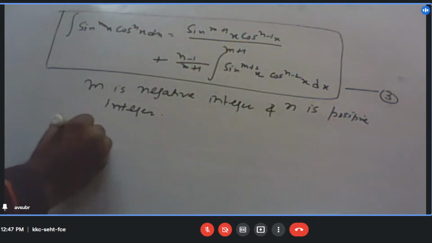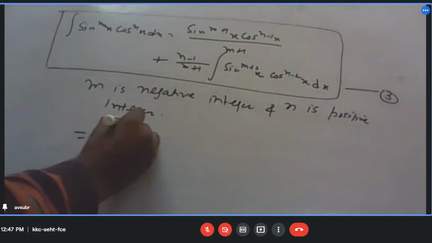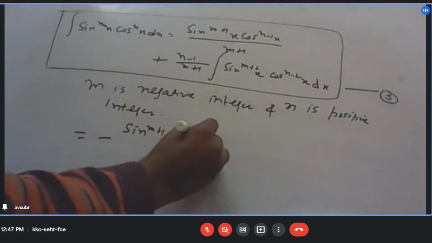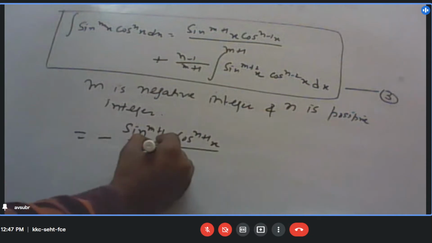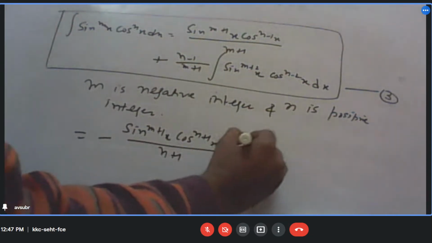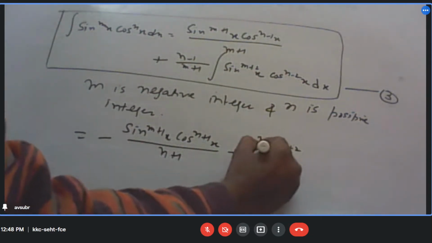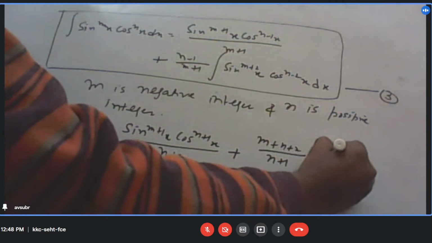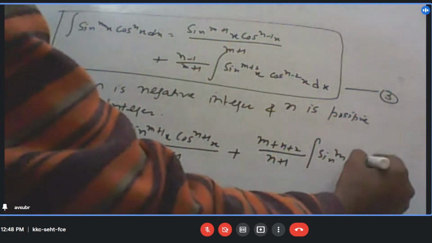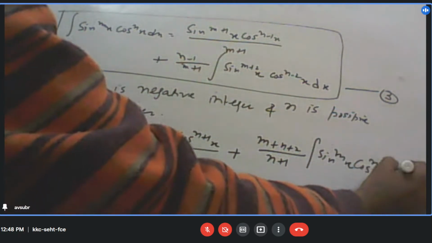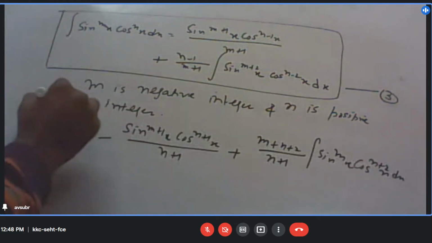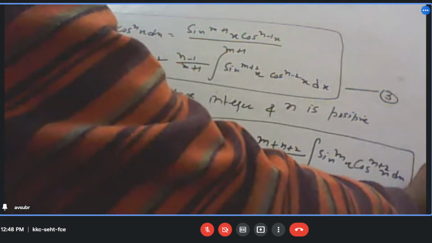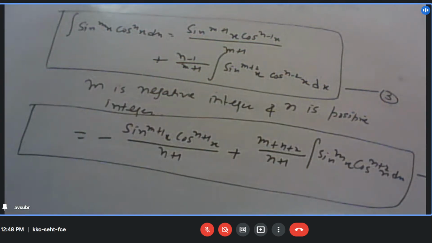So this formula can also be written as minus sine to the power m plus 1 x cos to the power n plus 1 x by n plus 1, plus m plus n plus 2 by n plus 1, integral of sine to the power m x cos to the power n plus 2 x dx. This is another form.